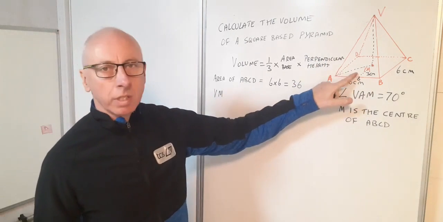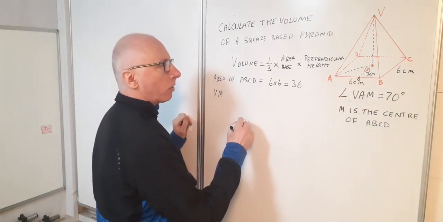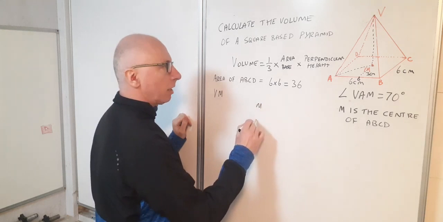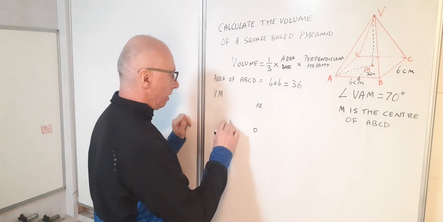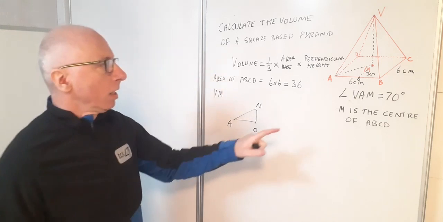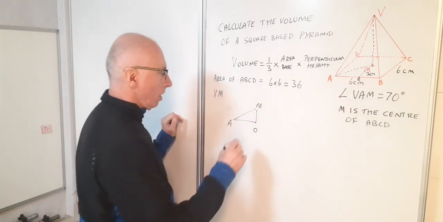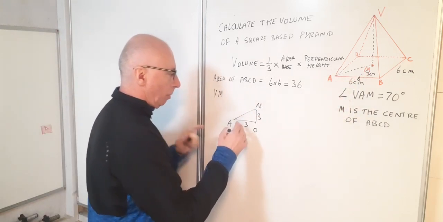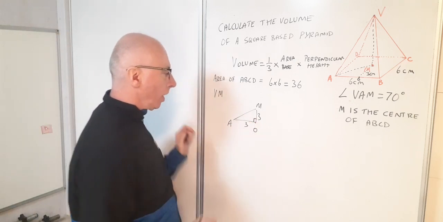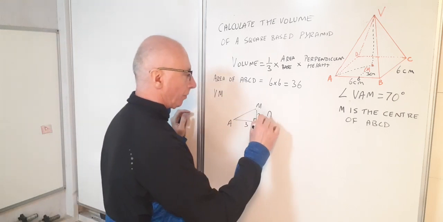So first of all, let's look at this base. If we take a triangle here of our base, we've got M here, we've got O here and A out here. So let's just draw that triangle. Now we've got 3 centimeters, 3 centimeters. We're slightly out on our proportions, but it doesn't matter, we can see our calculations. It's a right angled triangle, so to find AM, Pythagoras' theorem.